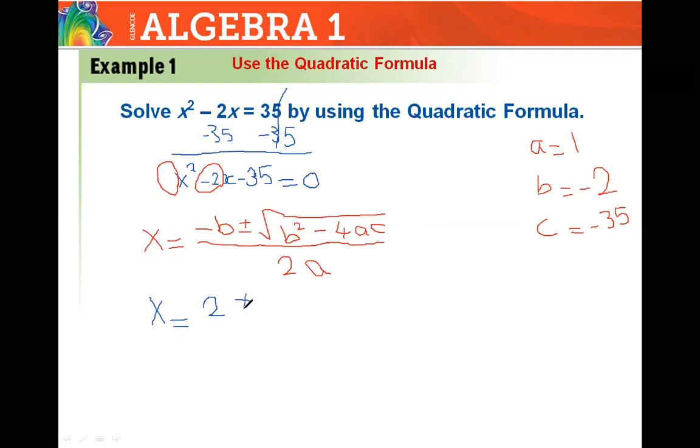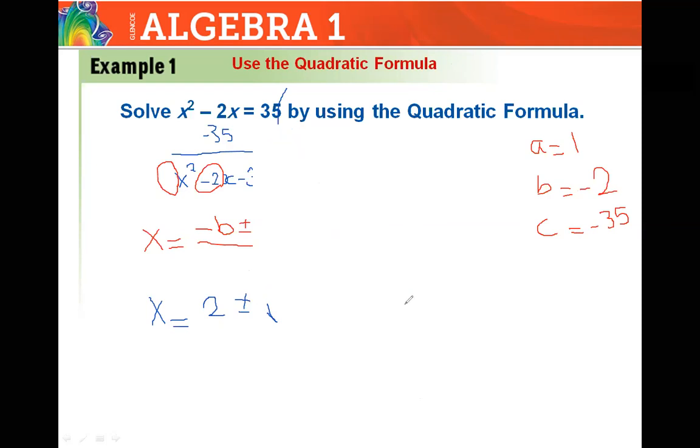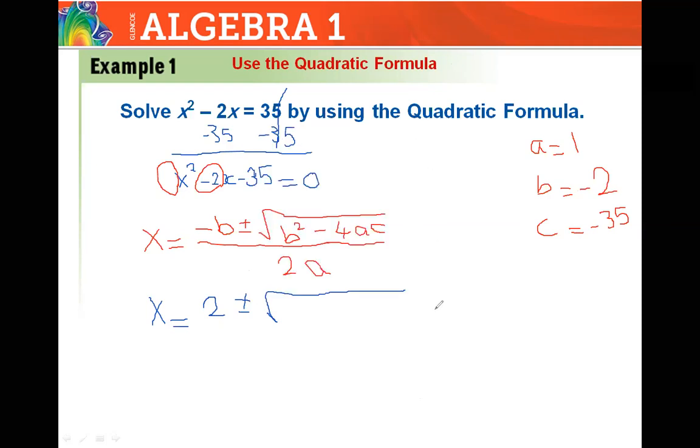Plus or minus, start to complete. B power 2 is also negative 2 power 2, negative 2 times negative 2, equal 4.